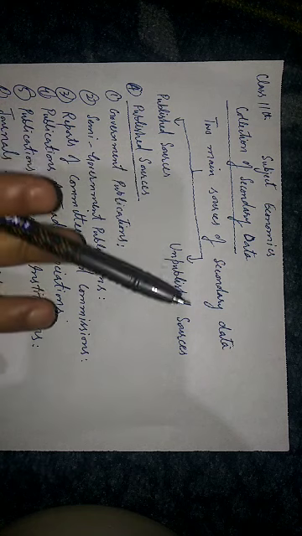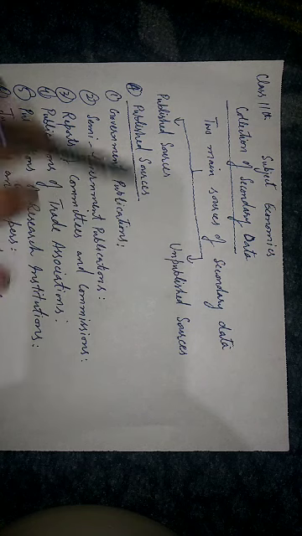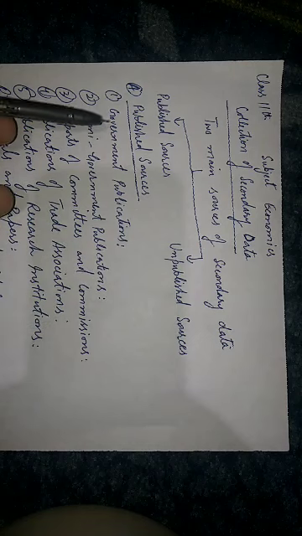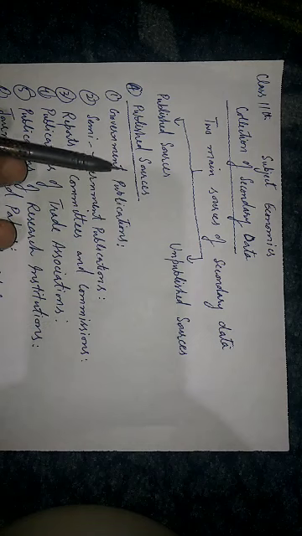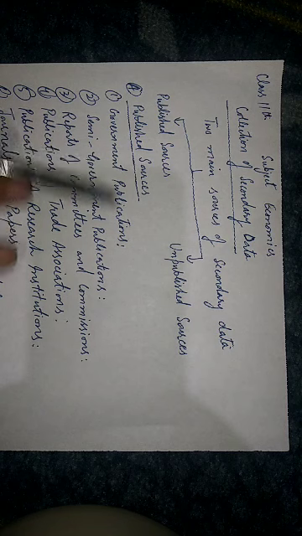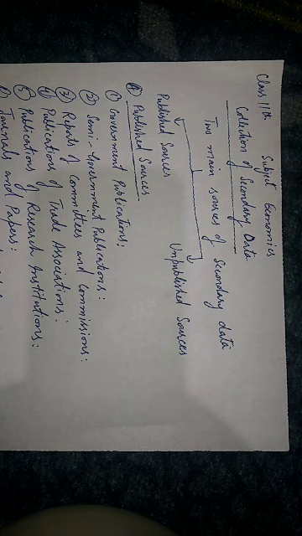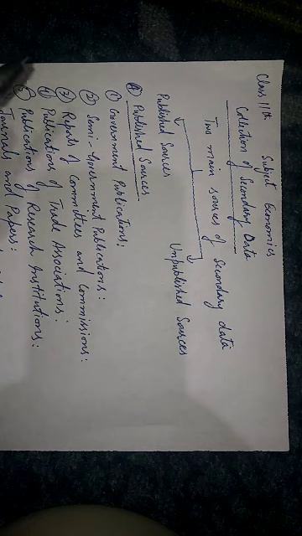There are two main sources of secondary data: published sources and unpublished sources. Some of the published sources of secondary data are, number one, government publications. Ministries of central and state government in India publish a variety of statistics as their routine activity.